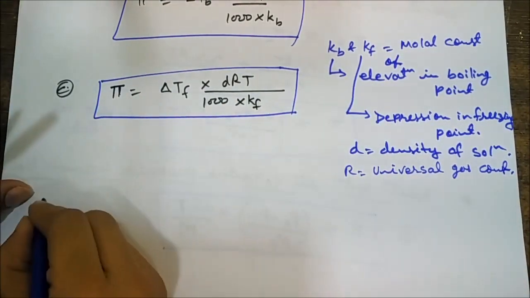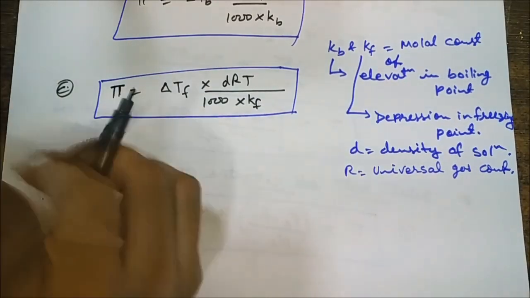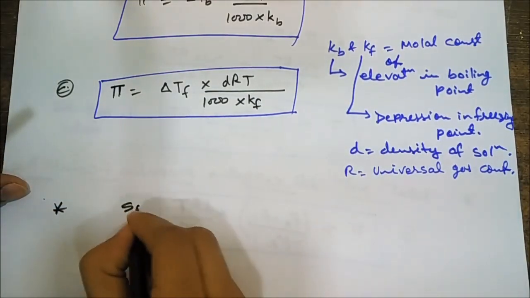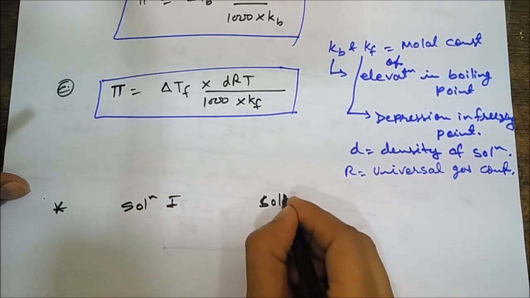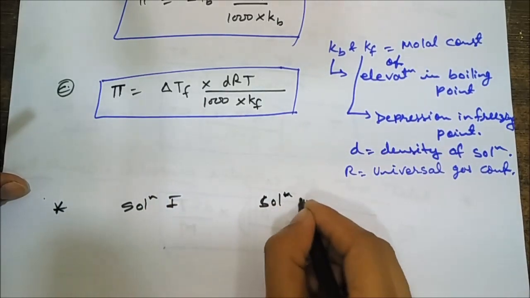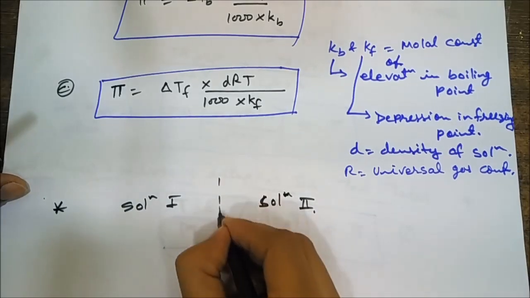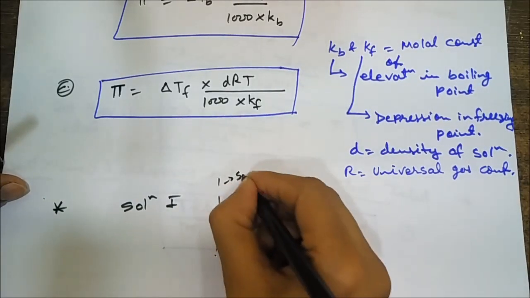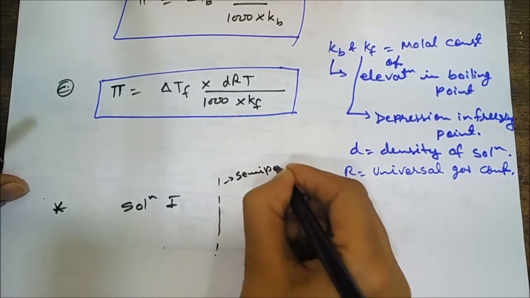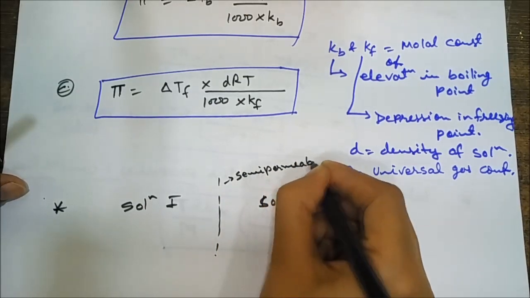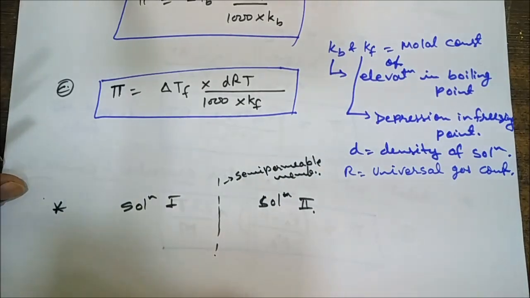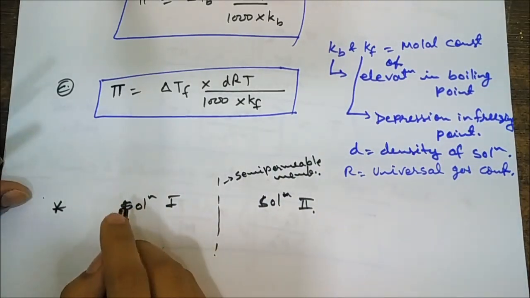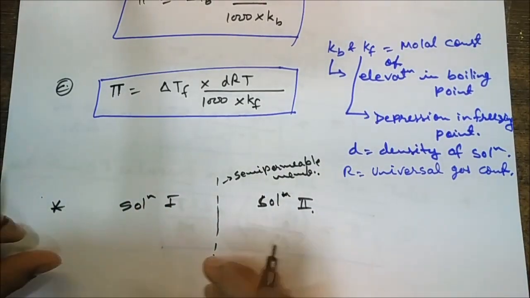One more thing: when two solutions are separated by a semi-permeable membrane, the solvent will flow from the solution of lower osmotic pressure.